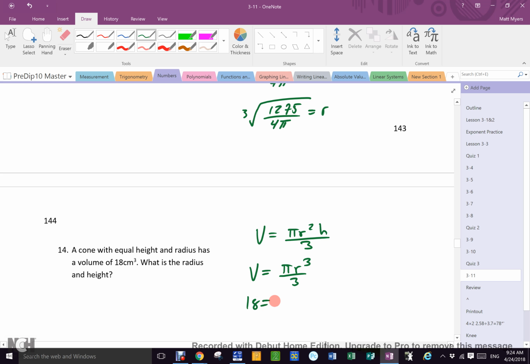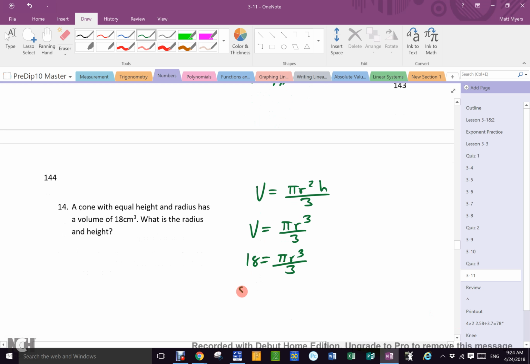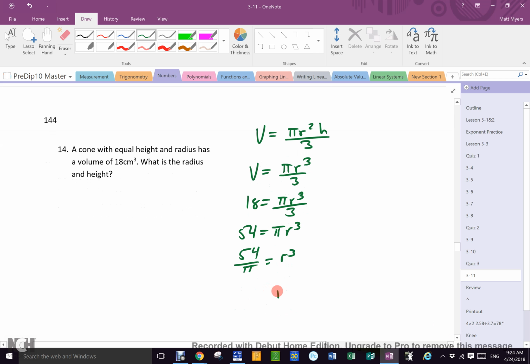Volume is 18 equals pi r cubed over 3. Multiply both sides by 3. 54 equals pi r cubed. 54 over pi equals r cubed. R equals the cube root of 54 over pi.